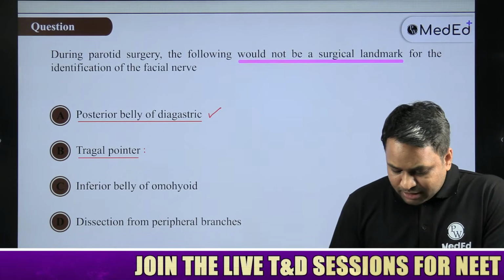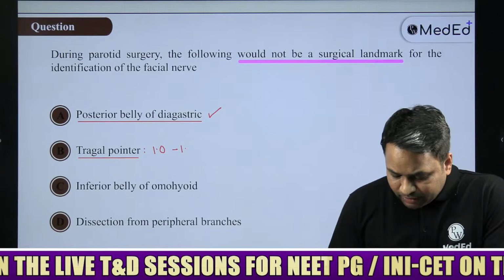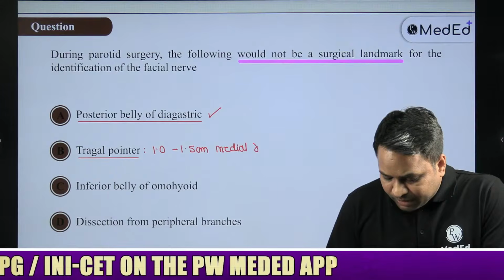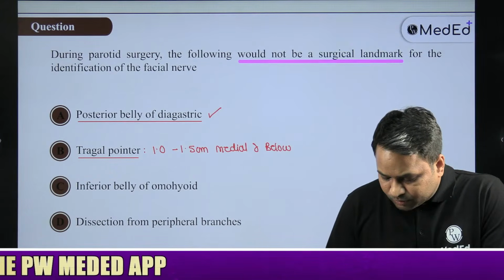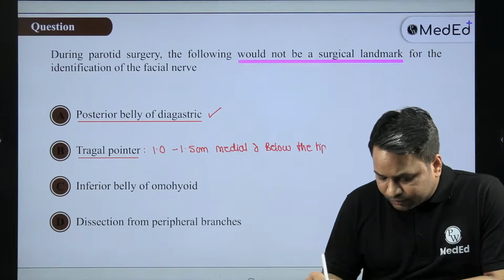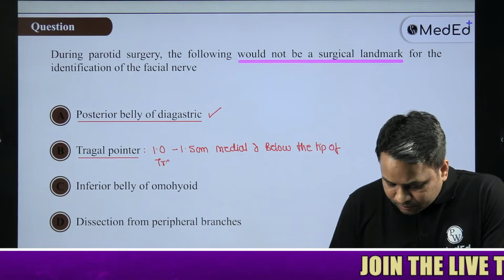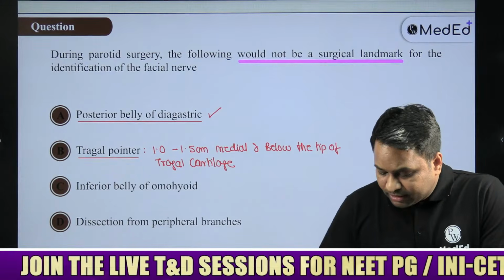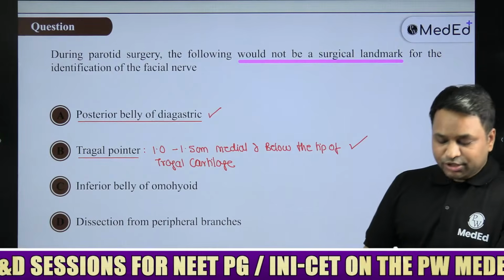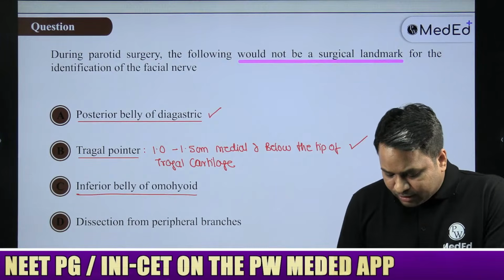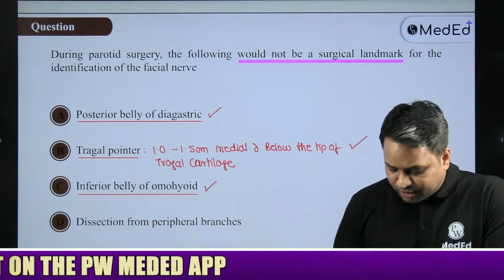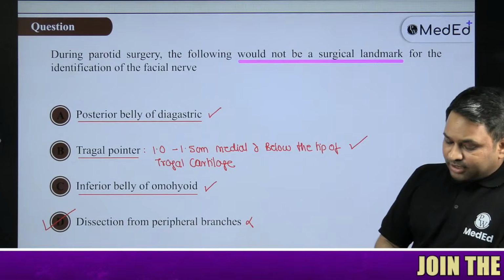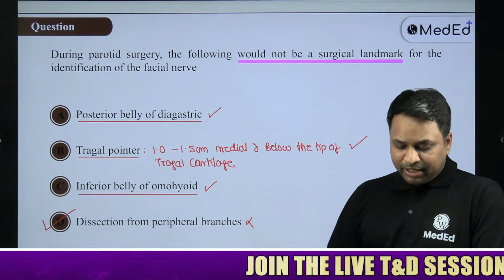Tragal pointer is 1 to 1.5 centimeters medial and below the tip of the tragal cartilage. This also points towards the trunk of the facial nerve. Inferior belly of the omohyoid, again you trace it, you will reach the trunk of the facial nerve. Dissection of the peripheral branches won't help you at all. So the answer here is going to be D for Delhi.